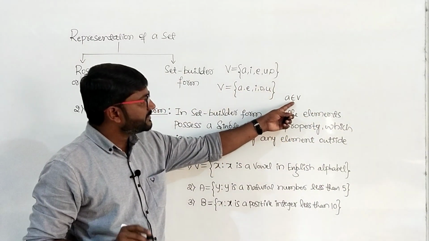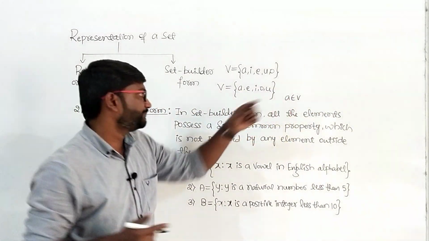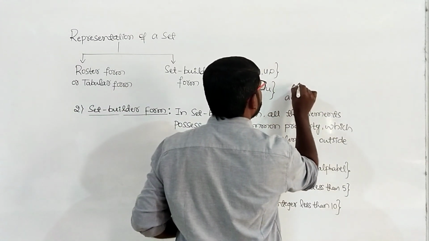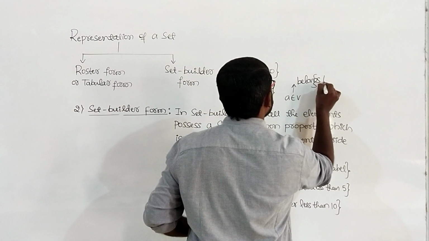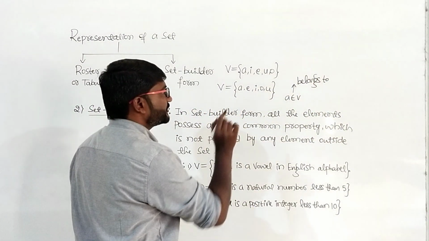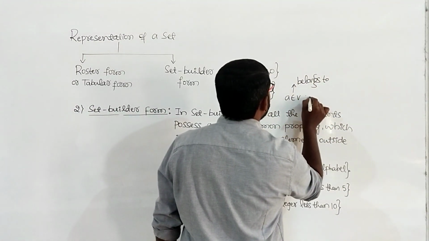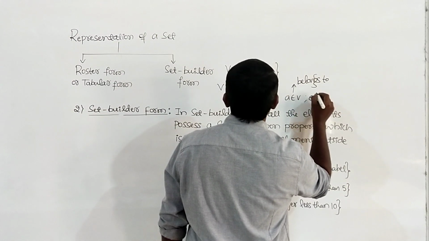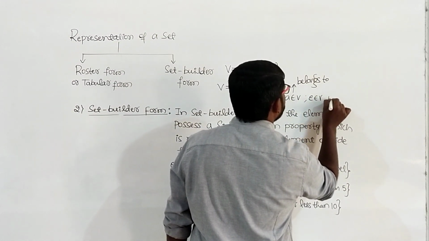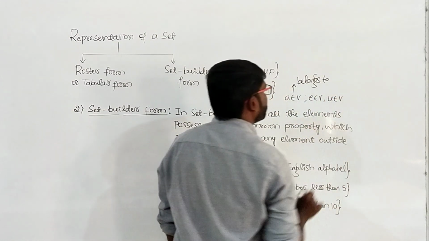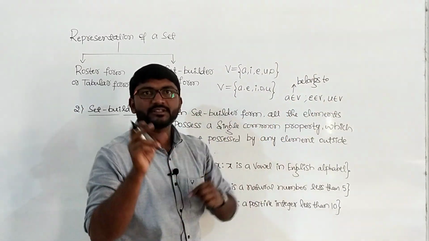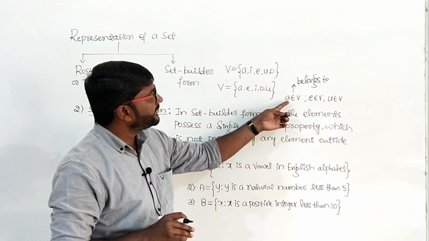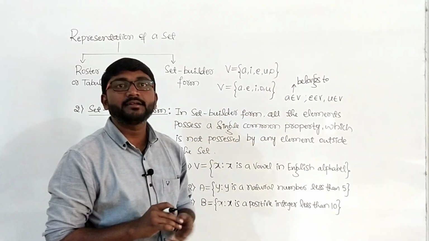This symbol is read as 'belongs to'. So A belongs to V, E belongs to V, and U belongs to V. That means all these elements are in the set V. So this indicates A is a member of the set V.